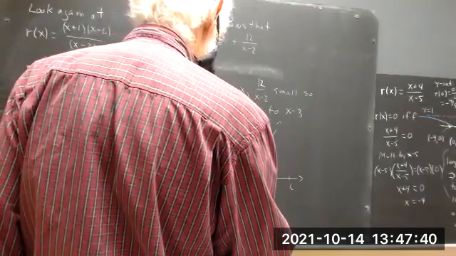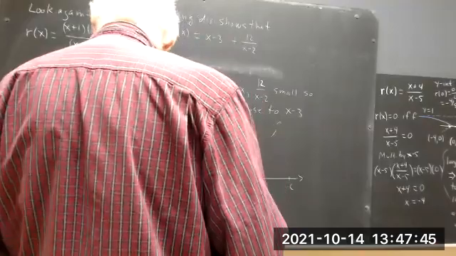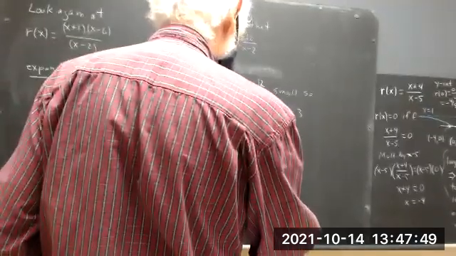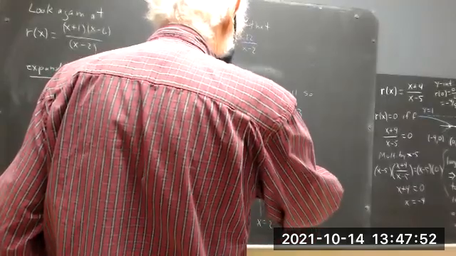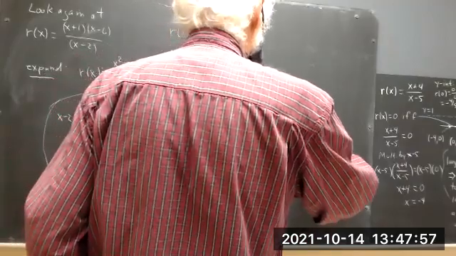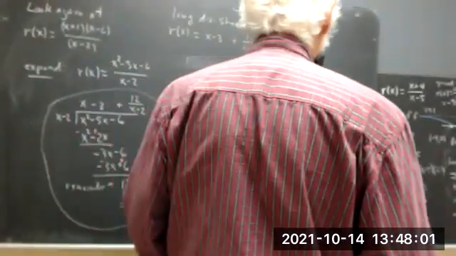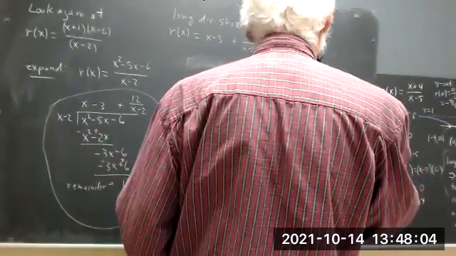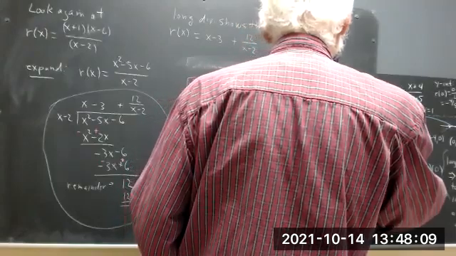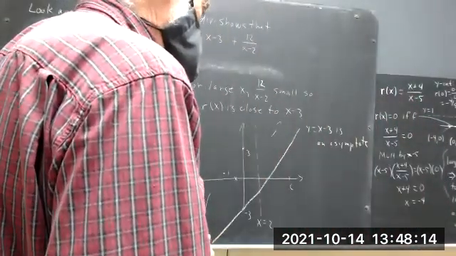So here's negative 3, and here's positive 3. y equals x minus 3 is an asymptote.